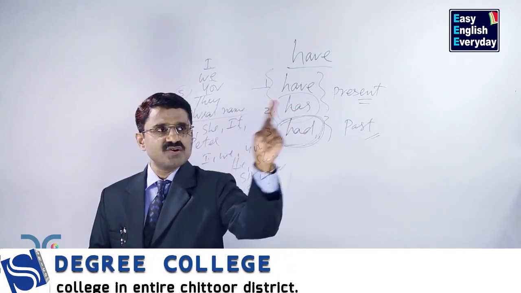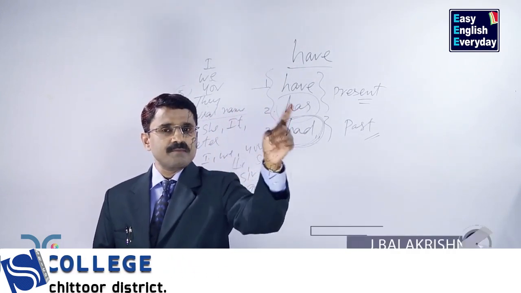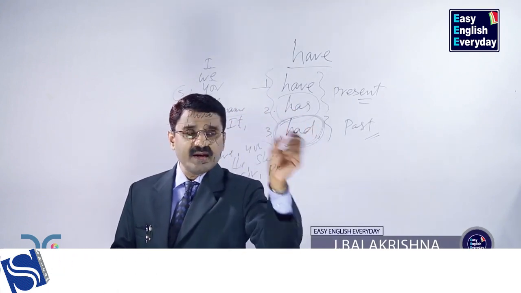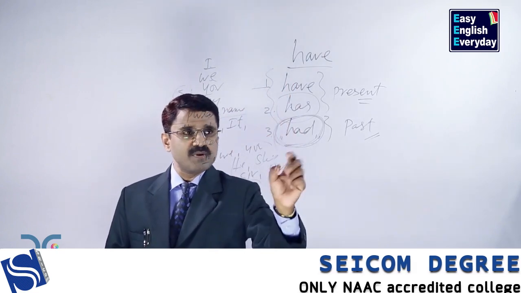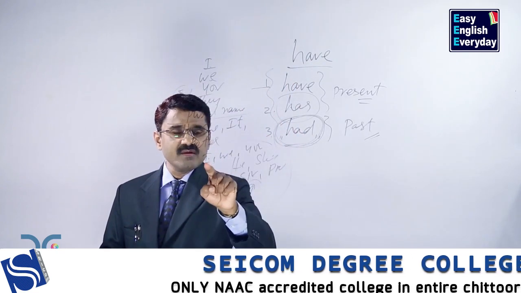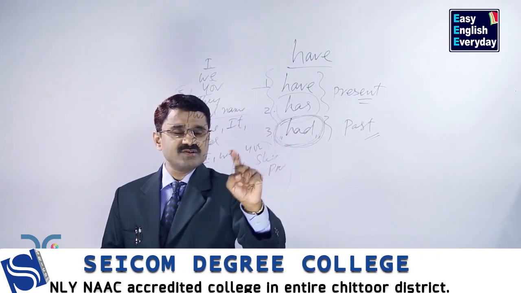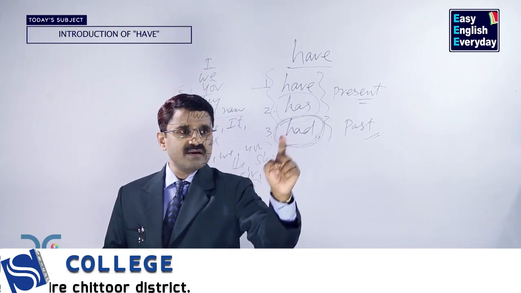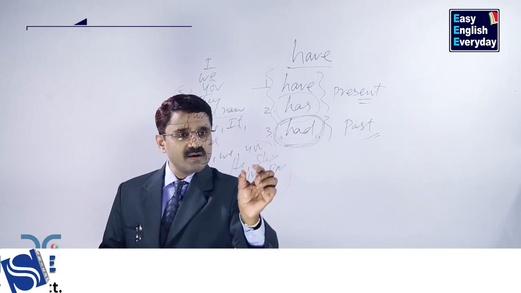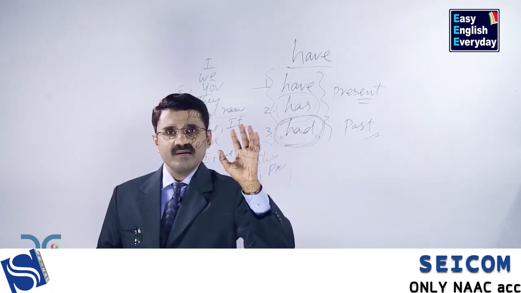He has, she has, it has, Peter has. And had, the one and only child of these 2 people, this couple, had, it goes with all the 9 people. I had, we had, you had, they had, he had, she had, it had, Peter had, children had.